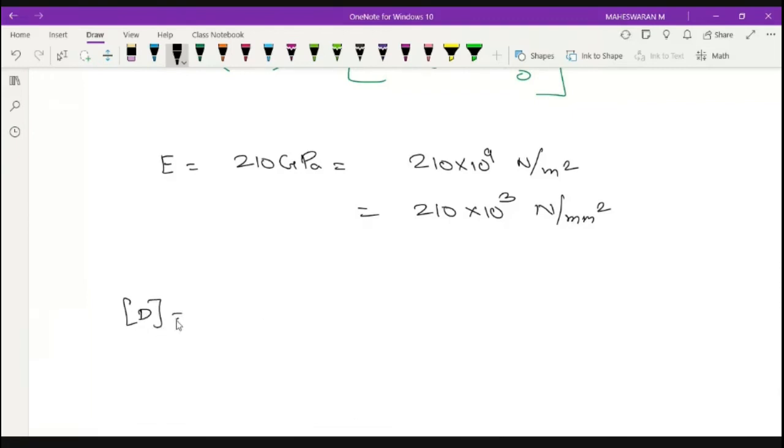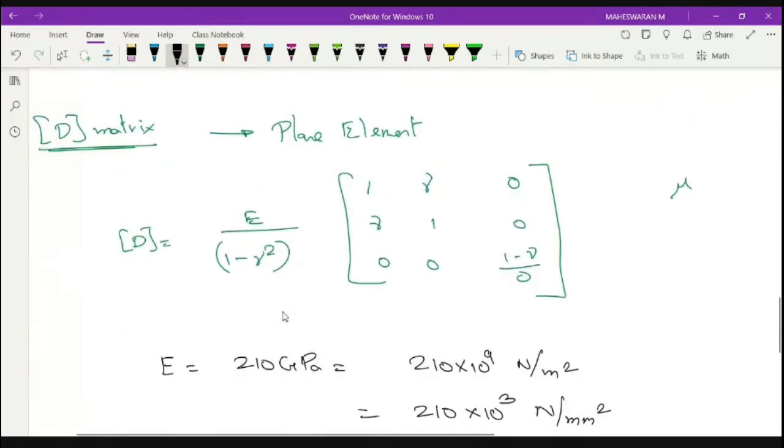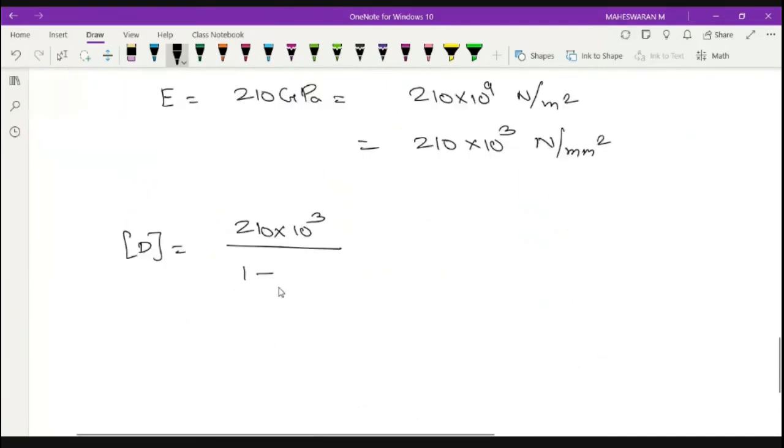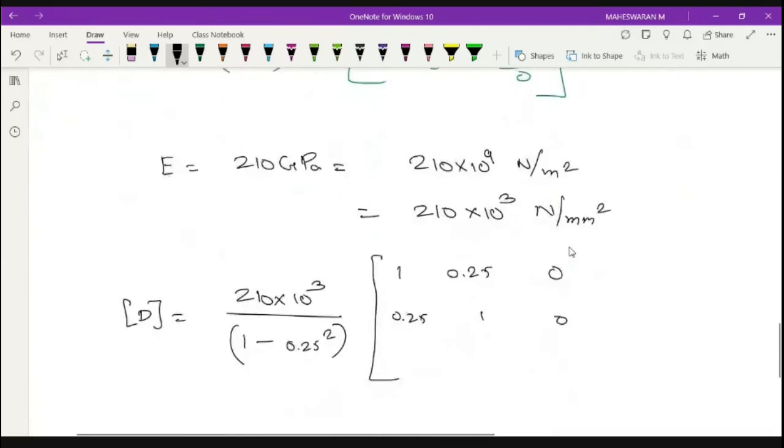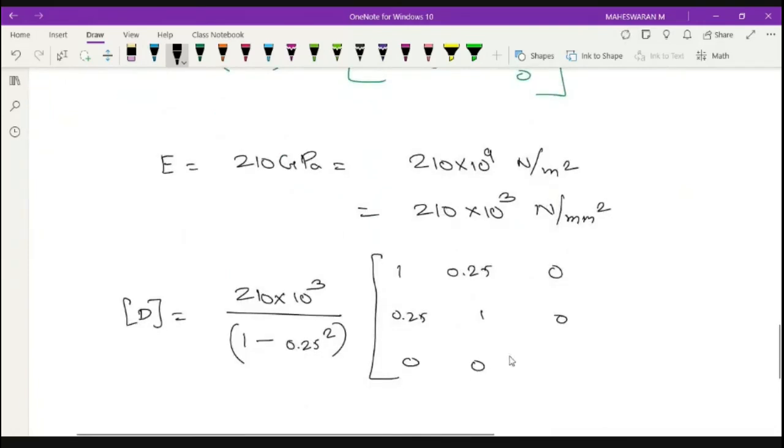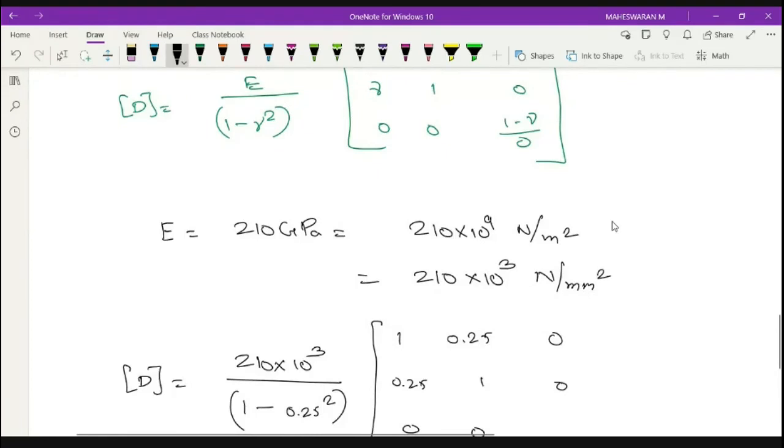So the D matrix will be equal to 210 into 10 power 3 divided by 1 minus mu square. What is your mu square? 0.25 square, into 1, 0.25, 0, 0.25, 1, 0, 0, 0, and 1 minus 0.25, which is 0.75, divided by 2.